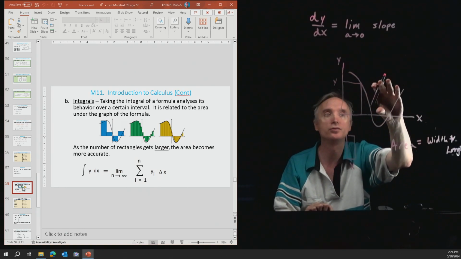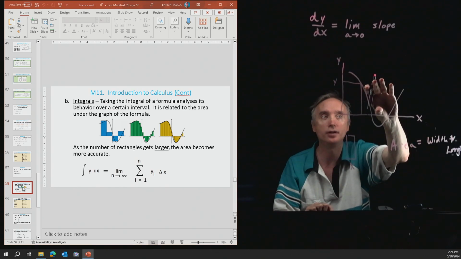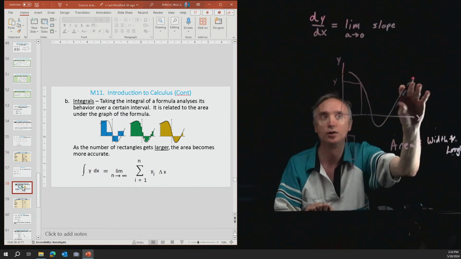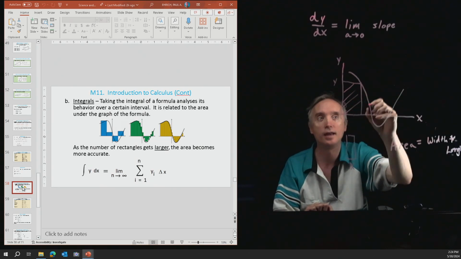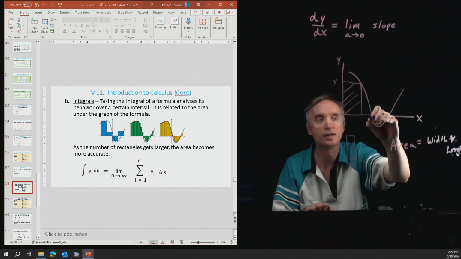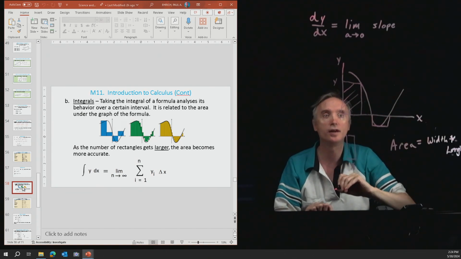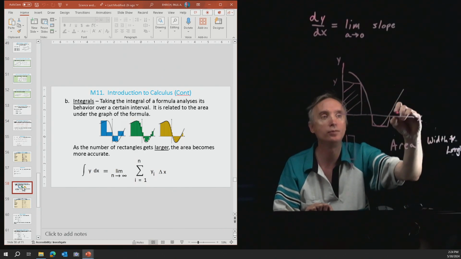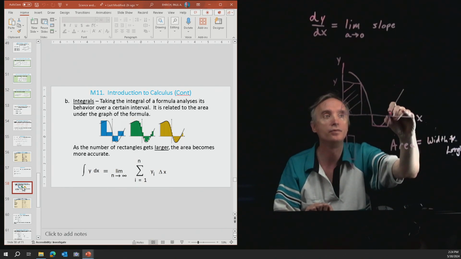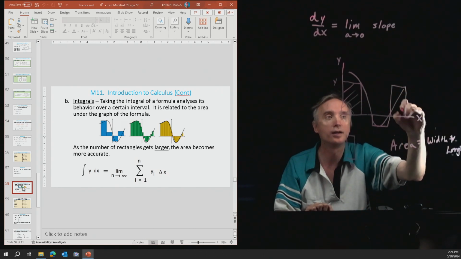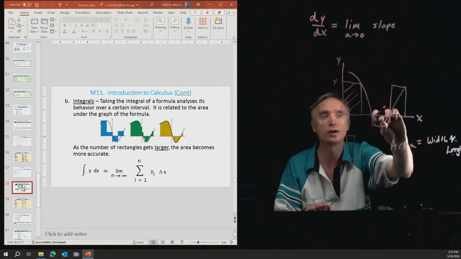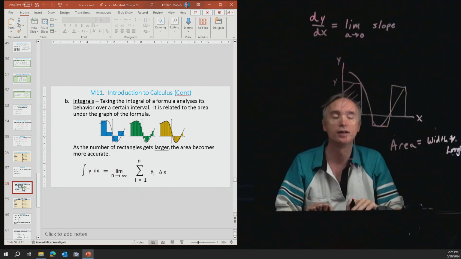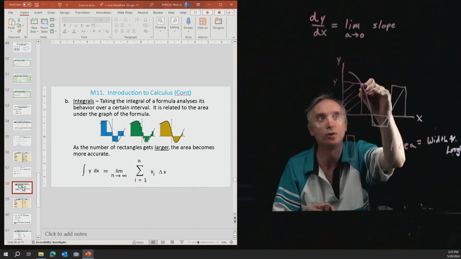If we wanted to find the area of this curve, we could take this area right here, and then this area right there, and then this area right there. So you have this rectangle, this rectangle, this rectangle, and let's put in one more here.